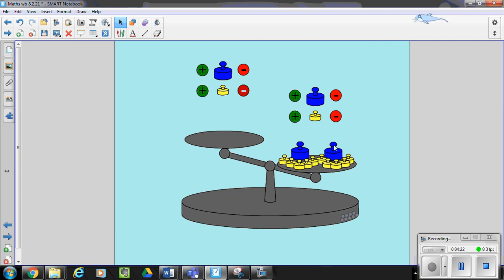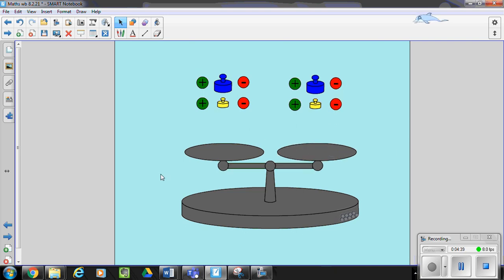All the weights on here are heavier. There's nothing on here at the moment. So this side is the heaviest, it's pulled it down. I'm going to take some more off this side so that we start back with nothing on there. So at the moment they're balanced because neither side of my balancing scales are holding anything.